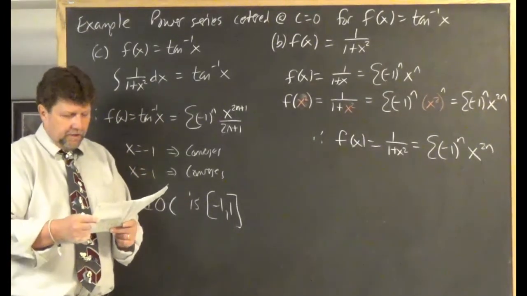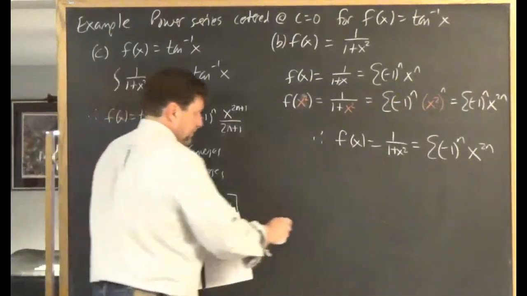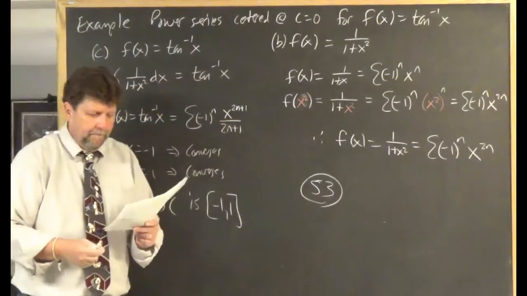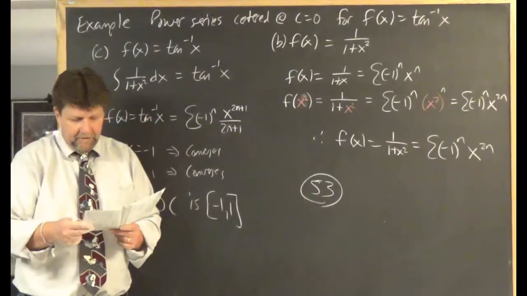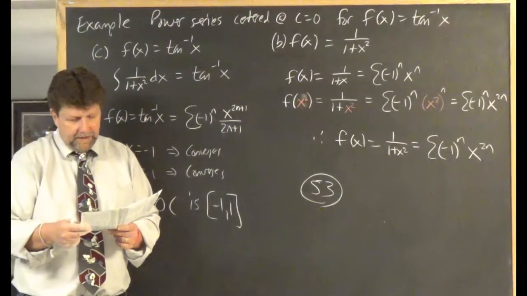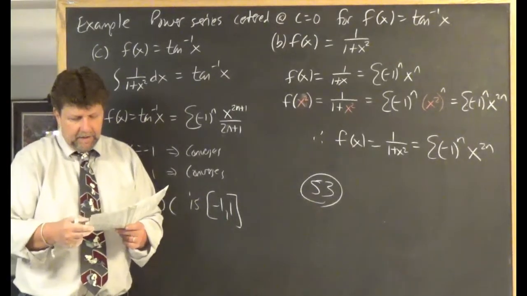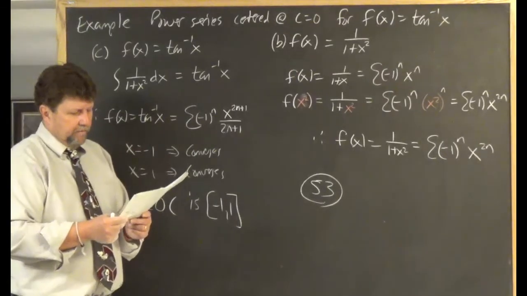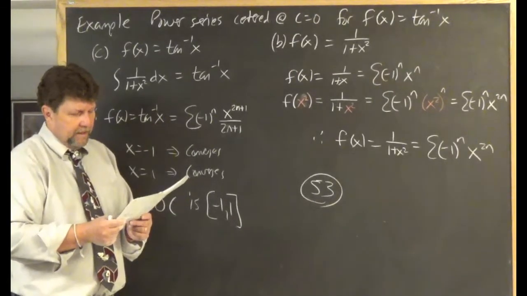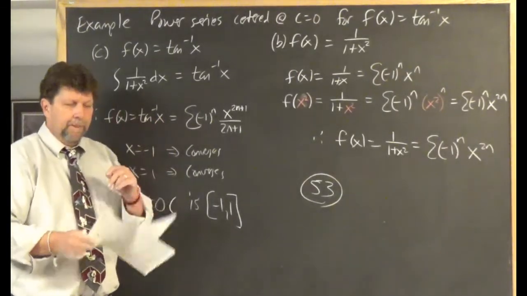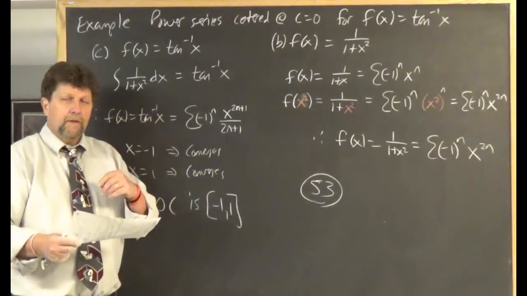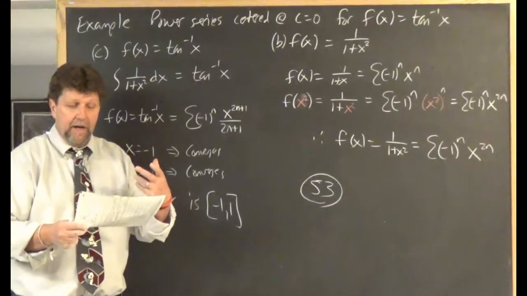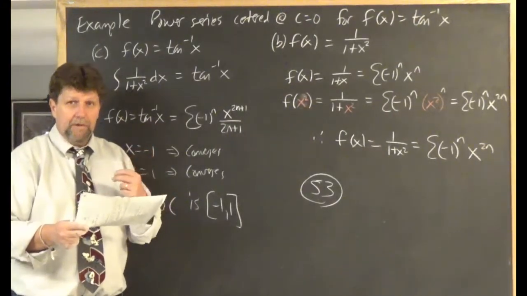So here's what I'd like you to do. In your book, I'd like you to now try number 53. For number 53, I'm going to give you a hint. My hint is this example, part A. We have a power series from part A for 1 over 1 plus x.